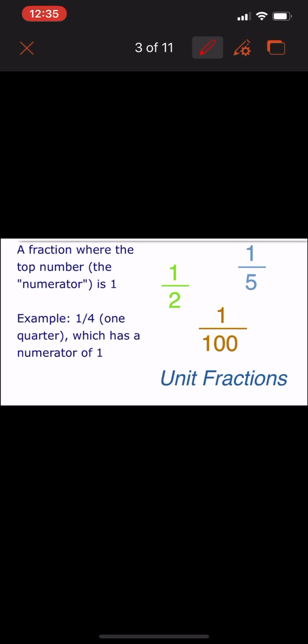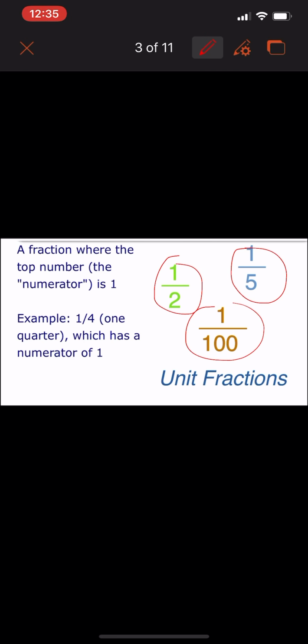Unit fractions, it means the part of the whole. Each part of a whole, I call it a unit fraction. Like what? Look at these fractions: 1/2, 1/5, 1/100, or 100th. Here, the unit fraction always has 1 in the numerator, right?